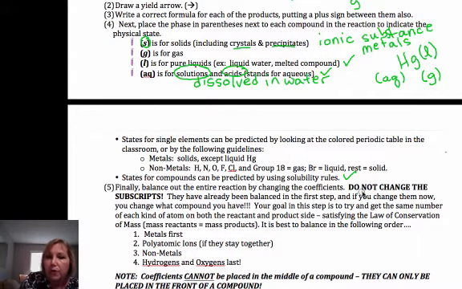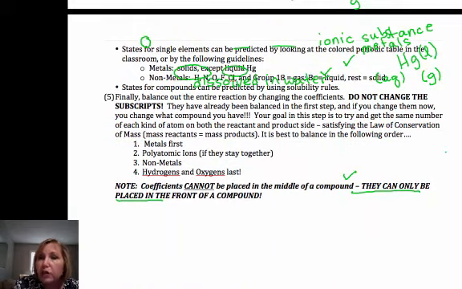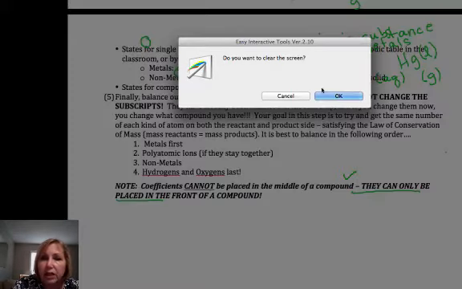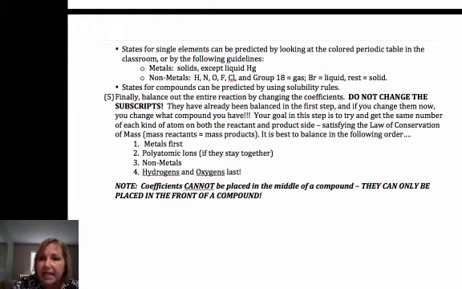Now, when we're balancing, I've already mentioned this, don't change those subscripts that indicate bonding. What I like to do is leave elements that are all by themselves for last, diatomics for second to last.